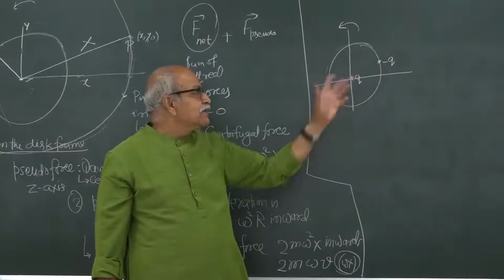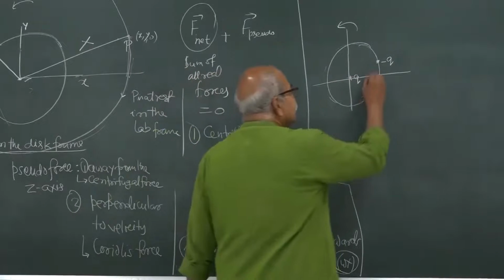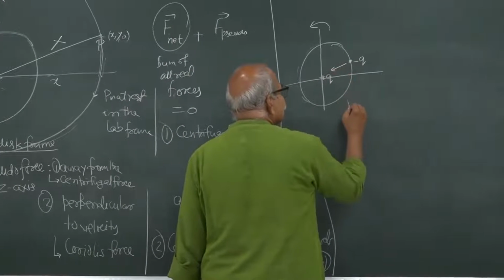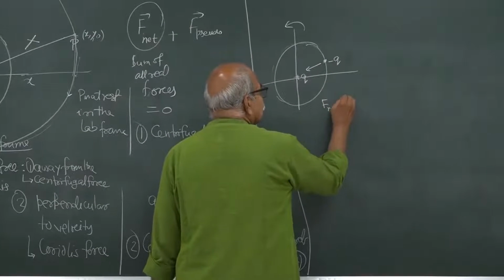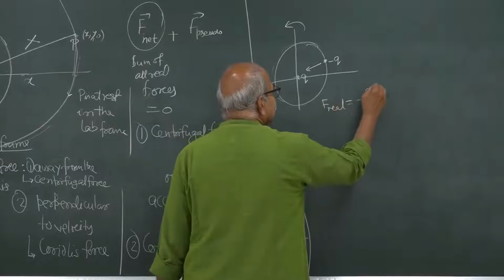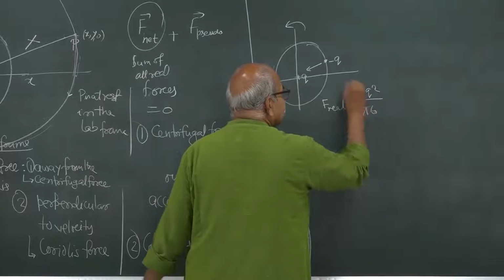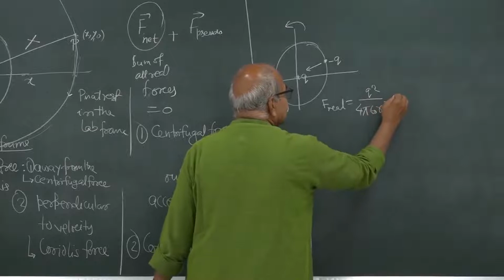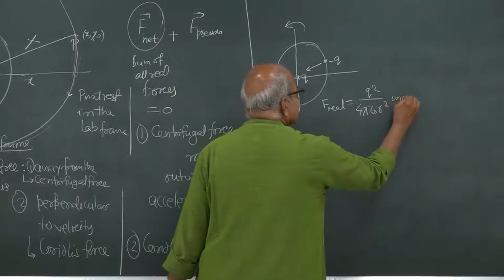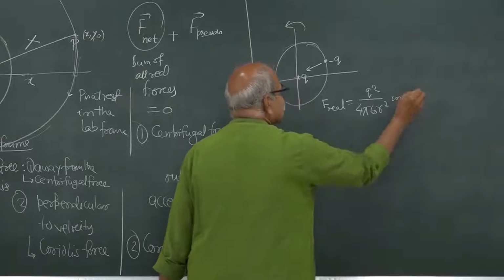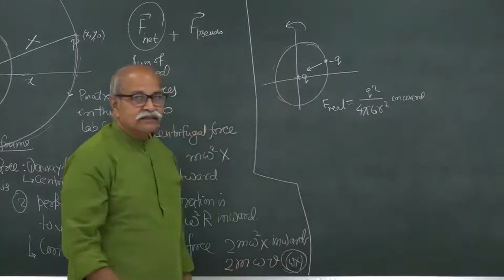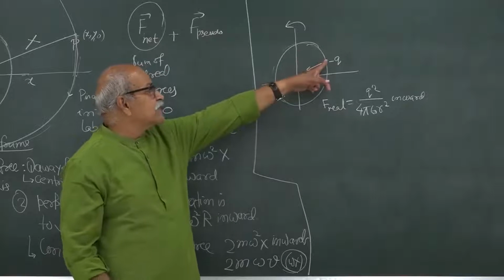If this frame is not rotating, then the actual real force is q square by 4 pi epsilon naught r square inward, the force of attraction, inward. This much is the force, but this particle is at rest.